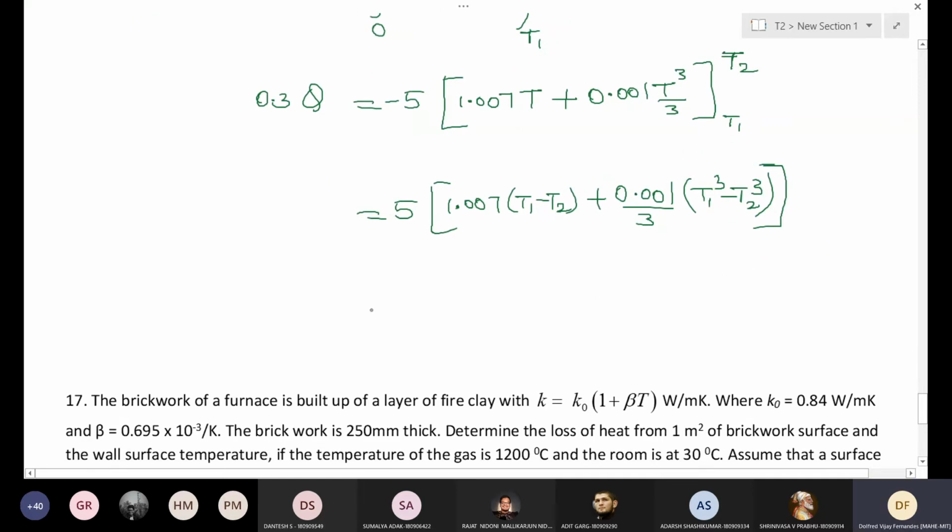T1 is equal to 100, T2 equal to 28. So Q equal to 5 divided by 0.3 into [1.007 into (100 minus 28) plus 0.001 divided by 3 into (100 cube minus 28 cube)].